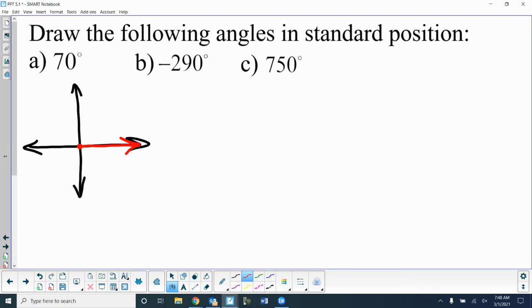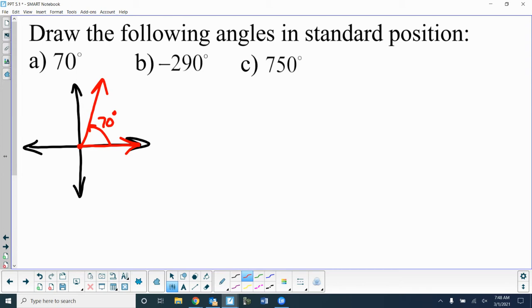So if I went straight up, that's 90, so it would be a little less than that. Somewhere in there. And then you just draw a little arc. You just label it 70 degrees. That's a 70-degree angle in standard position. And when you go counterclockwise here, that's positive degree measure.